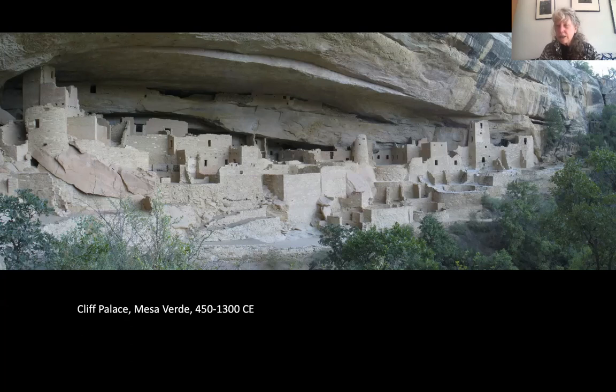So the Anasazi were the ancestors, we think, of contemporary Hopi and Navajo people. And the Anasazi built these apartment houses, really, sometimes under the shelter of an overhanging rock, like at Mesa Verde.